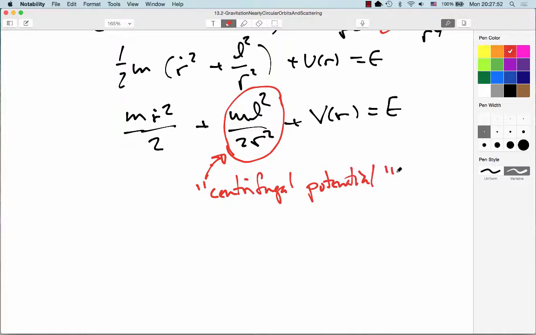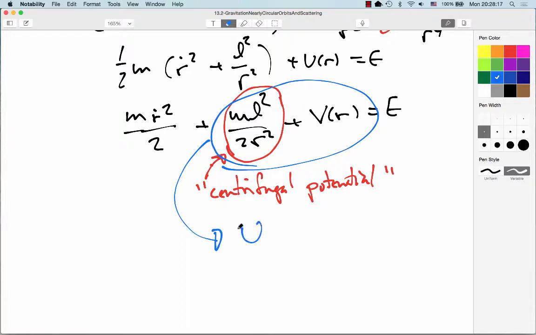So we can interpret this as the potential associated with just the centrifugal force part, if you will, of what's going on. All right. And if we look at the whole of this, both of these terms depend just on r.